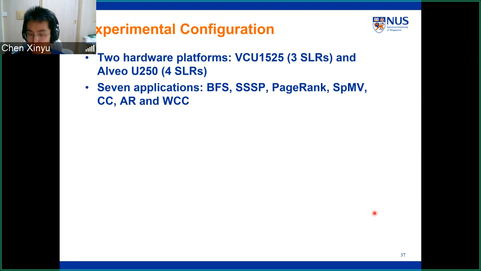So I would say we somehow improve the usability of FPGA-based graph processing, but it's still far away from CPU or GPU-based graph processing, because they are essentially different. One is hardware, another is software. I think that is the difference.